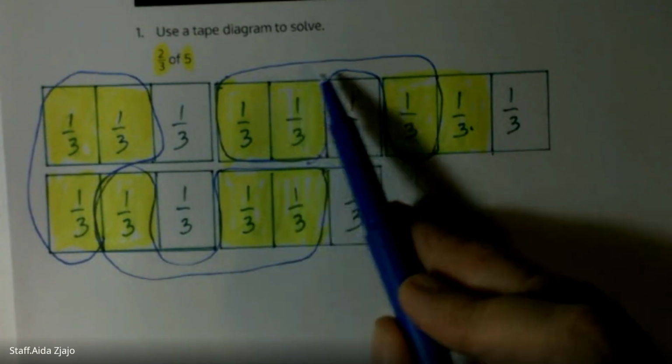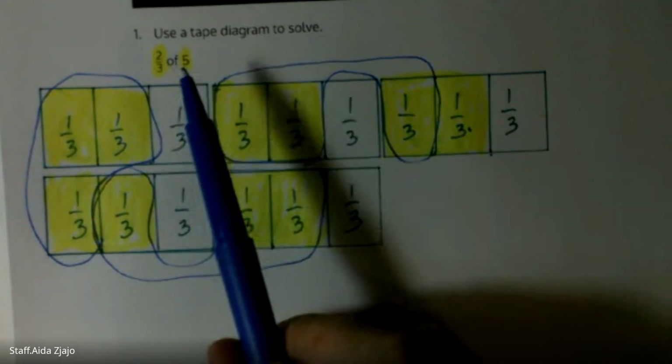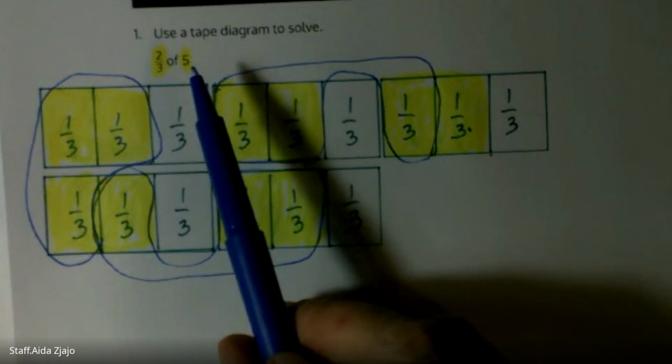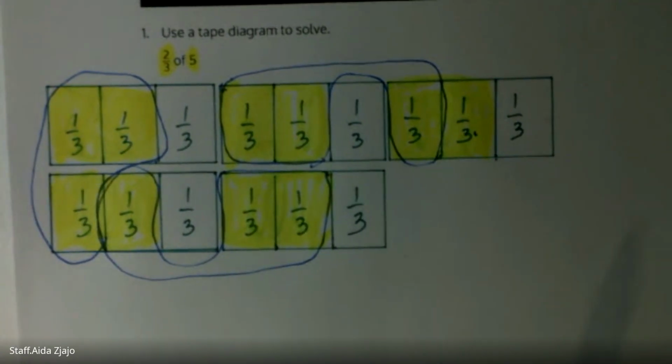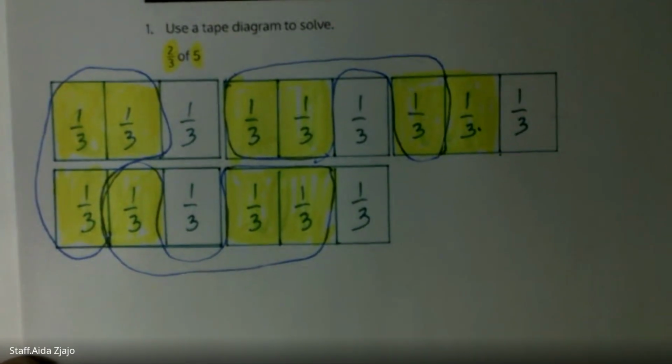So practically you make 1 whole, 2 wholes, 3 wholes, and 1/3 is what is 2/3 of 5. That's one way of doing it pictorially, but you can always make a different one.